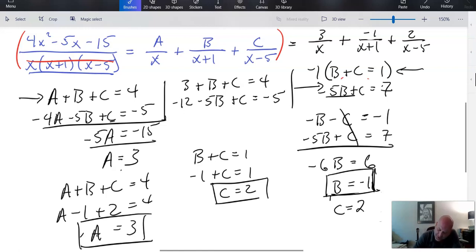Right? And if you wanted to, you can move this out and make this a subtraction. So this is just minus 1 over x plus 1. But you have it broken down into three fractions so that the denominator of each fraction is a factor of the original denominator, right? And that's a very specific set of circumstances that you're trying to keep there.